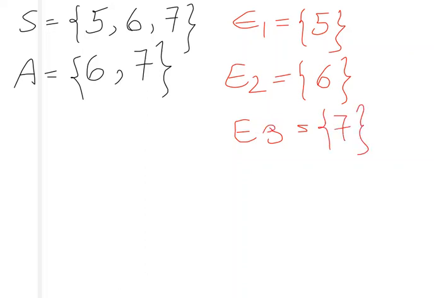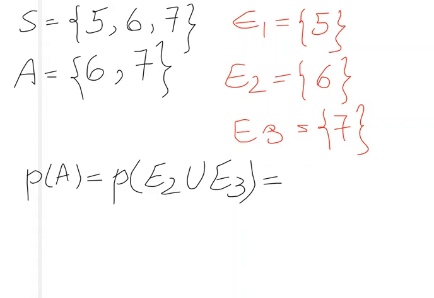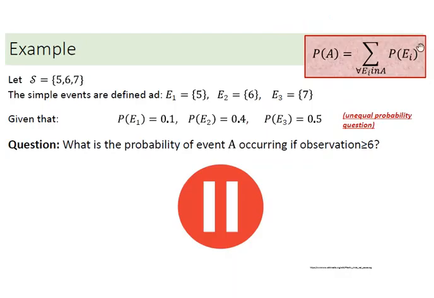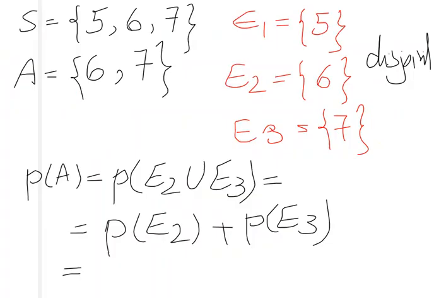So the probability of A is the probability of E2 union E3, and because they are disjoint again, it is the probability of E2 plus the probability of E3. The probability of E2 is 0.4 and of E3 is 0.5, so 0.4 plus 0.5 is 0.9.